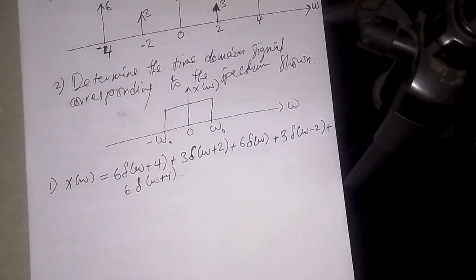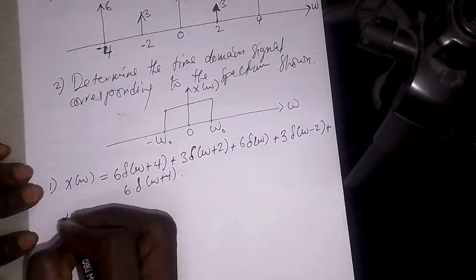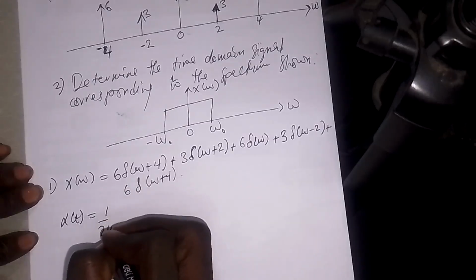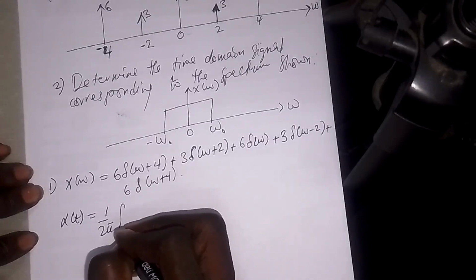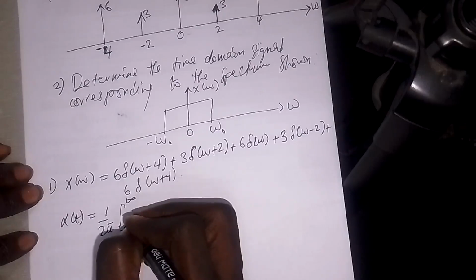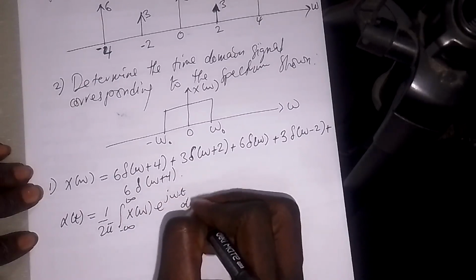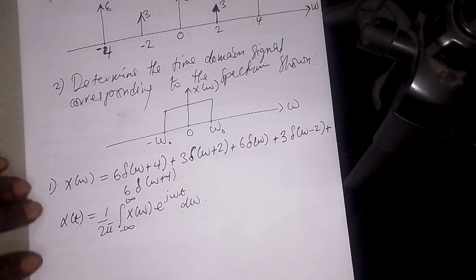Now let's see one specific signal. When we say impulse, it occurs at a specific point, so it's not within an interval. In that case, the integration doesn't really affect it. Here x of t is the inverse Fourier transform: 1 over 2 pi, integral from minus infinity to infinity of X of omega into e to the j omega t d omega.